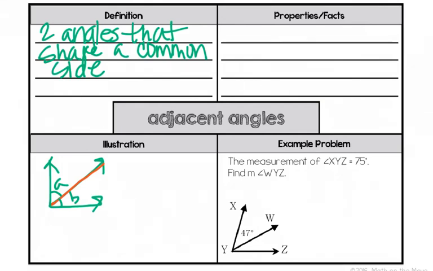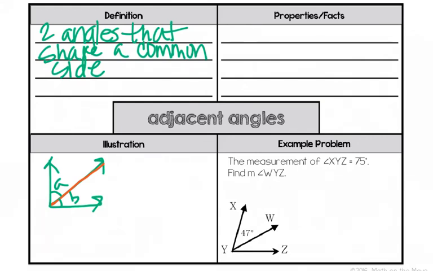Now, let's look at the properties and facts section. So if these two adjacent angles form a straight line, then it's also going to be supplementary.